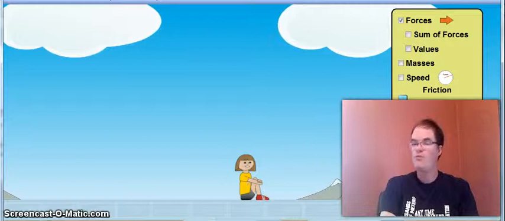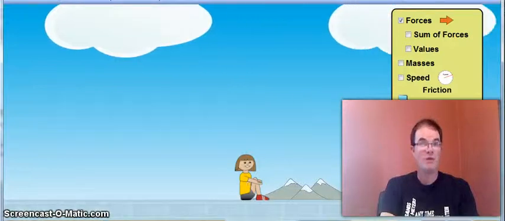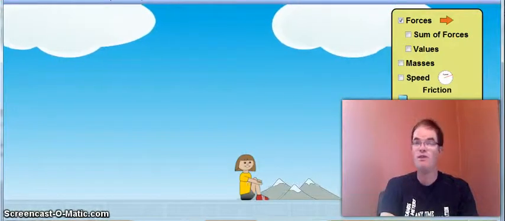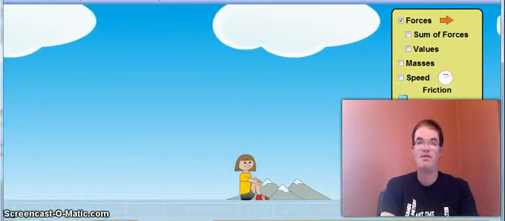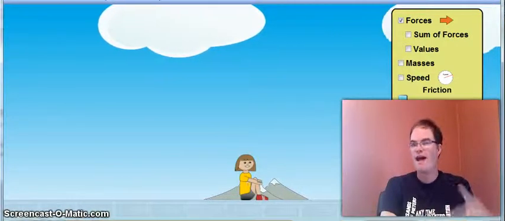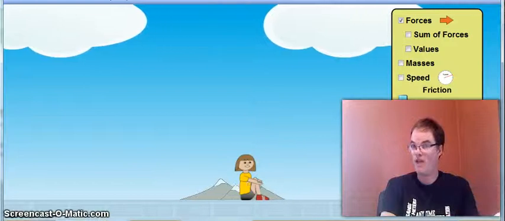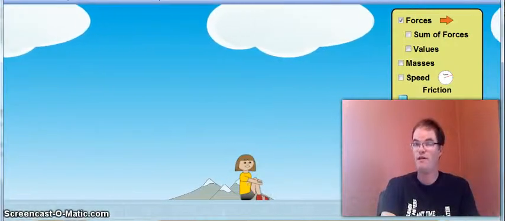The girl is moving, and she continues to move in what looks to be dynamic equilibrium, or in other words, at a constant speed. So in the absence of friction, objects that are moving tend to stay moving.